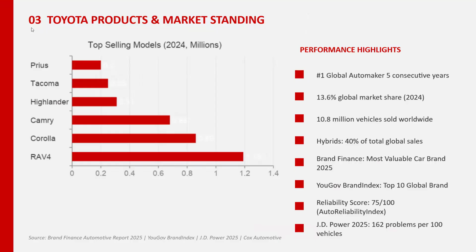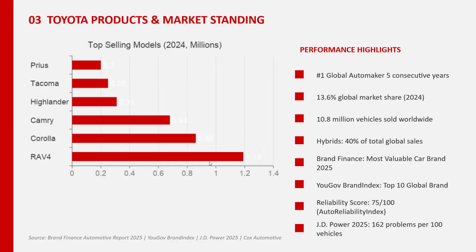We move on to Toyota's products and market standing. Now, looking at Toyota's lineup and market performance, right here on the left, the numbers are remarkable. The bar chart on your left shows Toyota's top selling models in 2024. The RAV4 was not just Toyota's best seller, it was the single best selling vehicle on the entire planet.